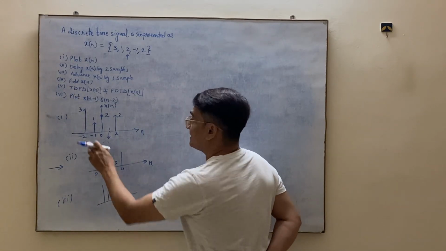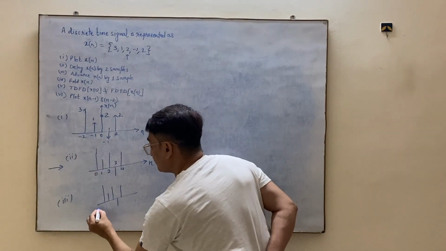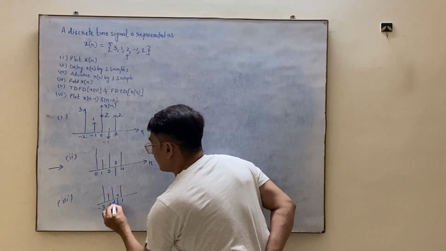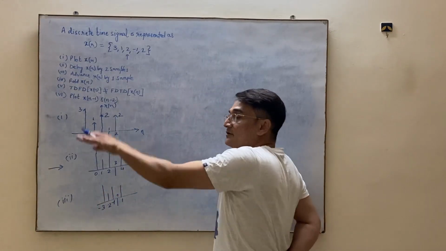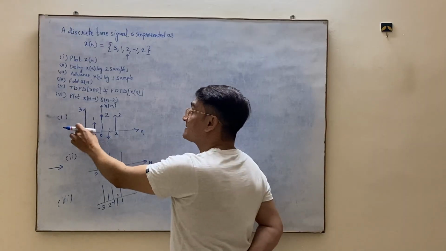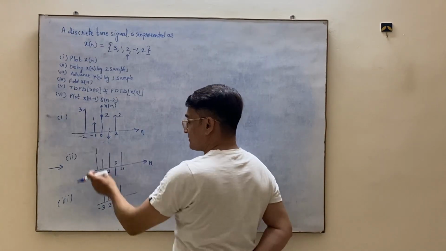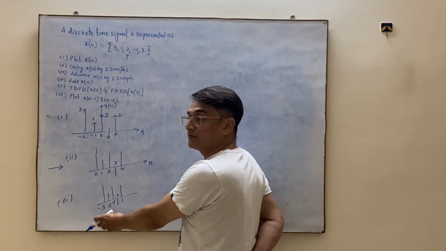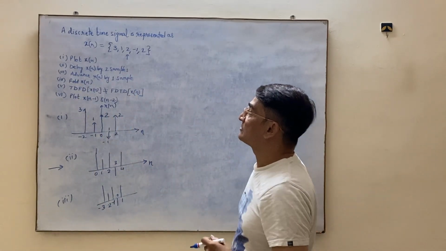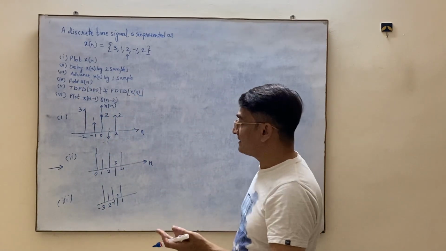But now the sample at minus 2 will be at minus 3. So that means all the samples are shifted towards the left side. The sample which was previously at n is equal to minus 2 now exists at n is equal to minus 3. So this is your third part, which is x of n advanced by 1 sample.